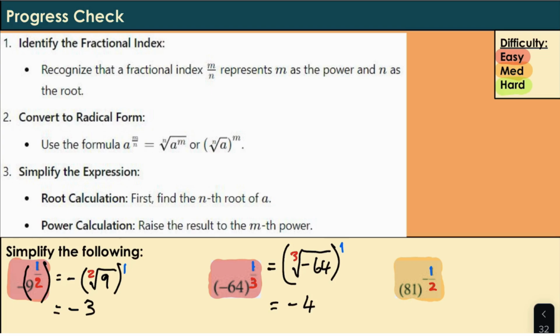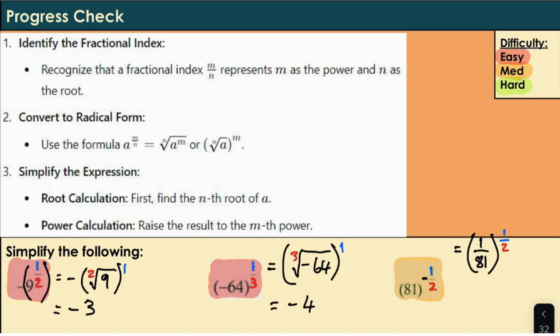In our last question, we have 81 to the power of negative a half. So first up, let's find the reciprocal of 81, which is 1 over 81. And let's change that negative a half to a positive a half. This is using our negative exponent rule. Now we apply the power of a quotient rule.